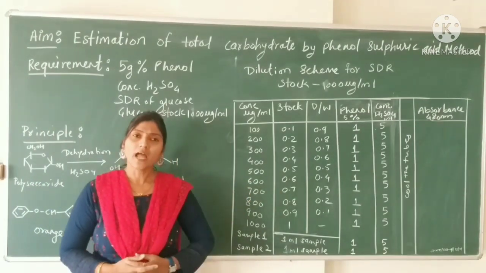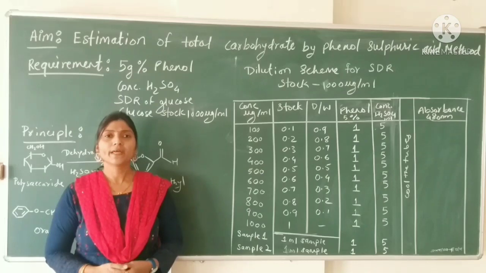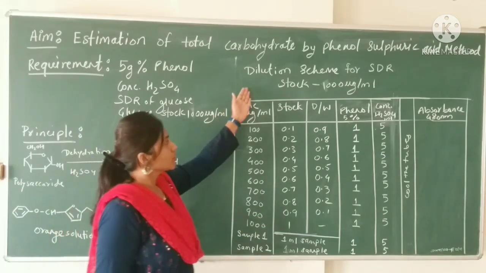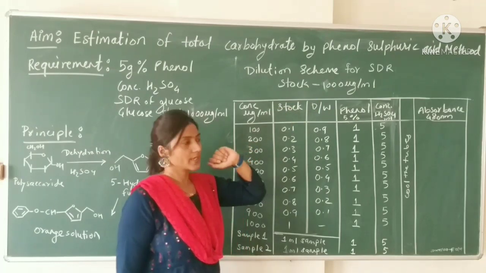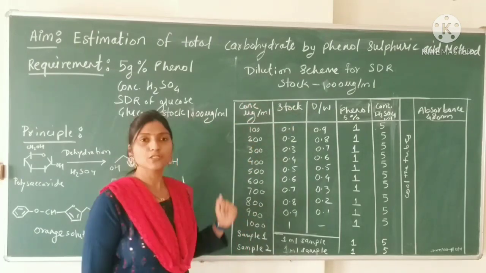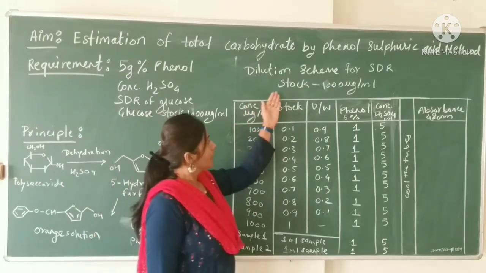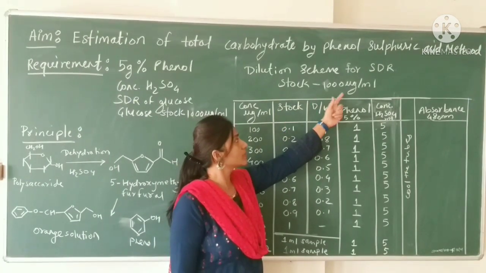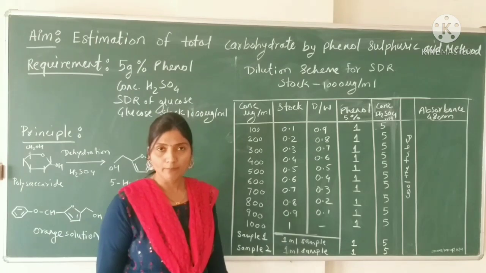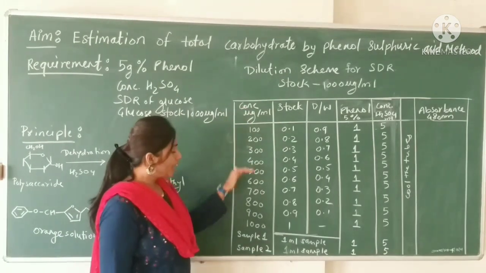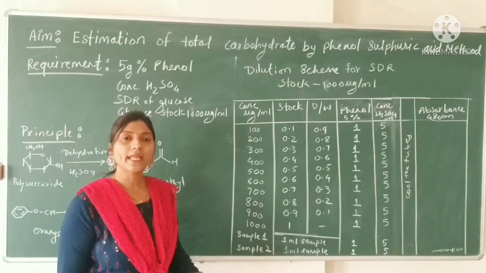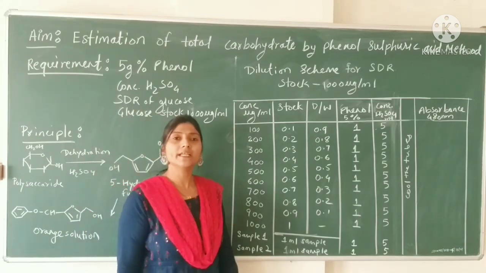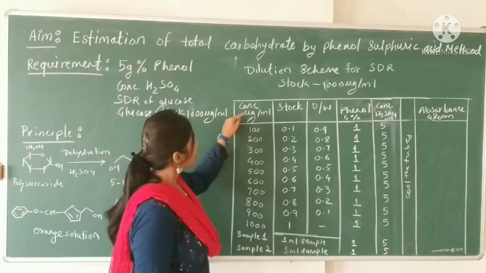Okay, so this was the principle of the method. Now, I will tell you how to prepare the standard dose response curve. Here is the dilution scheme for it. I have with me the stock of glucose, that is 1000 micrograms per ml. Here I will need 10 test tubes, and at the same time I will need a blank also.